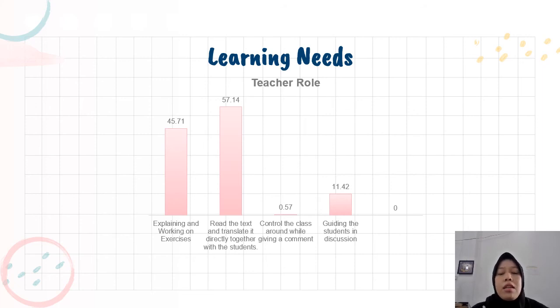And this data showed that only 0.57 students chose that they are expected to be controlled around the class while the teacher gives comments in the classroom process.